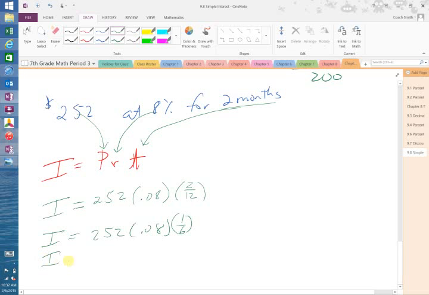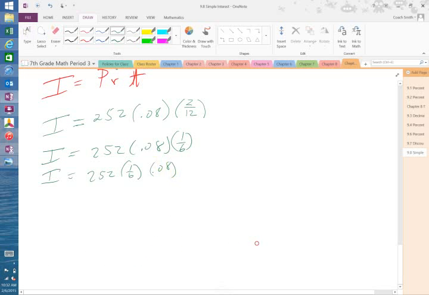So interest is equal to 252 times 1/6 times 0.08. 1/6 times 252, reverse those two numbers there: 252 over 1 times 1/6. Well, I know I can cross cancel. 6 is going to go into 6 one time. 6 goes into 252 42 times. And so now I have interest is equal to 42 times 0.08.